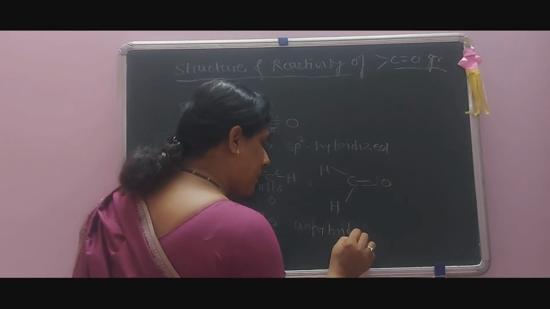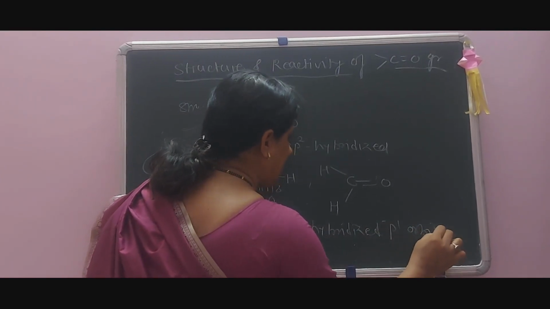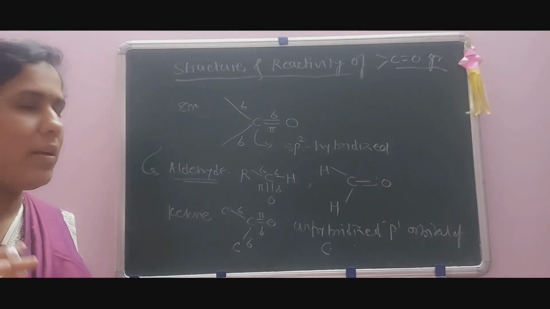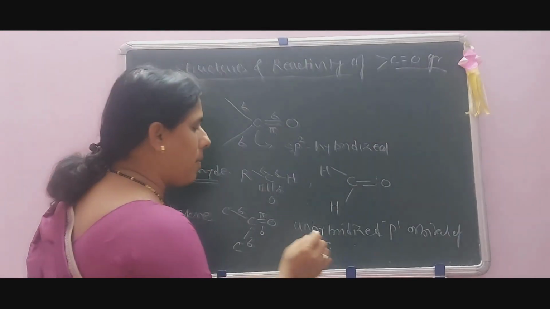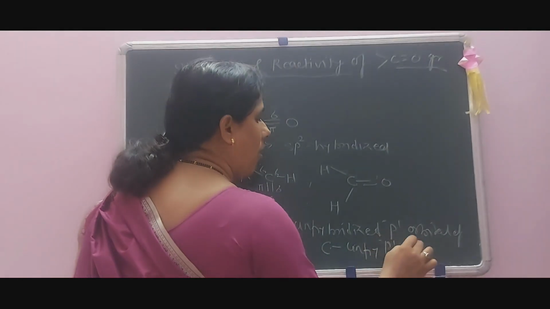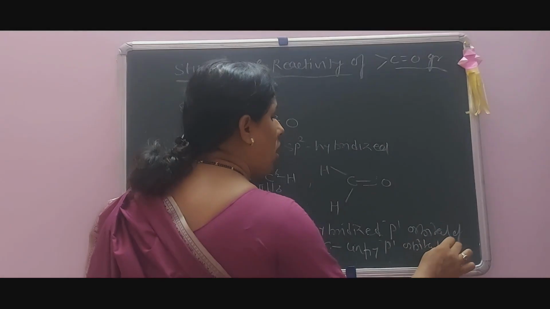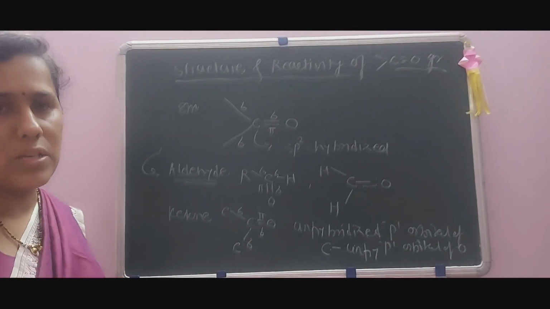The unhybridized p orbital of carbon makes a pi bond with the unhybridized p orbital of oxygen. The p orbitals overlap laterally to give rise to a pi bond.